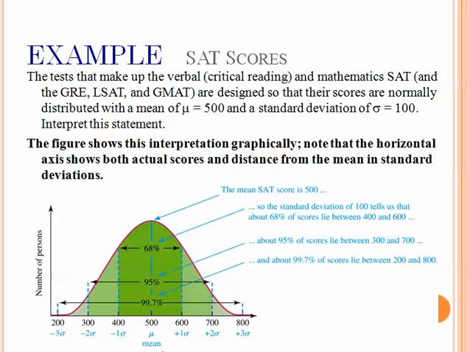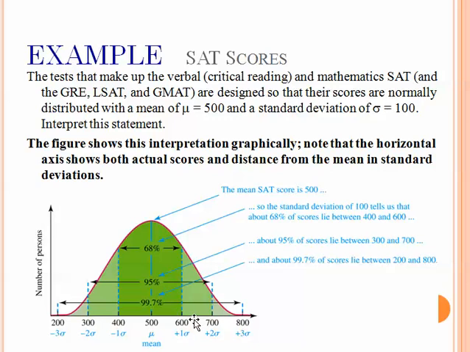The SAT scores have a mean of 500, so that means people on average score 500 on each of those portions. Now when it says that they have a standard deviation of 100, if we subtract 100 and add 100 to the mean, we get this region from 400 to 600.